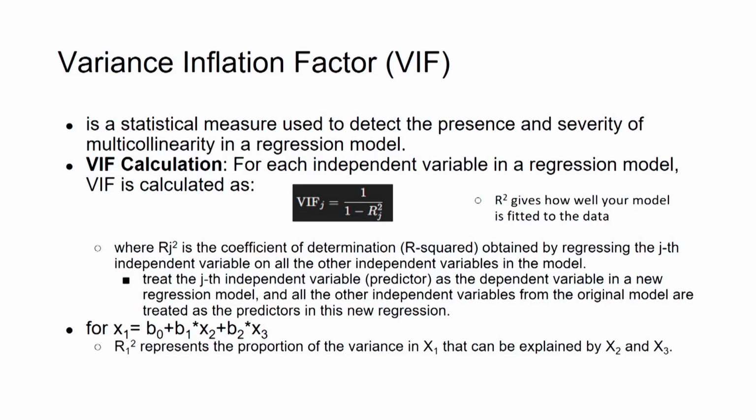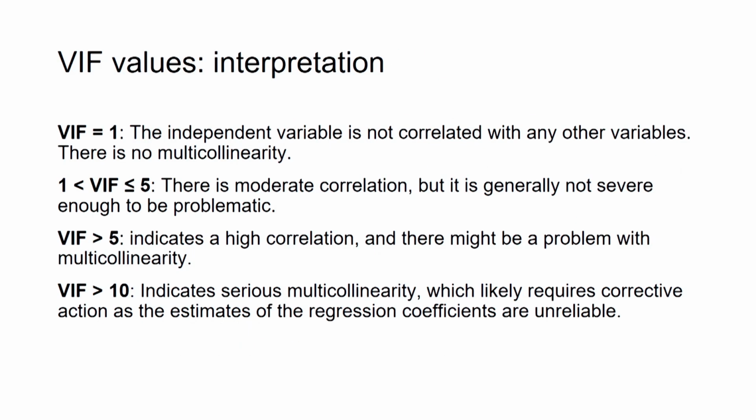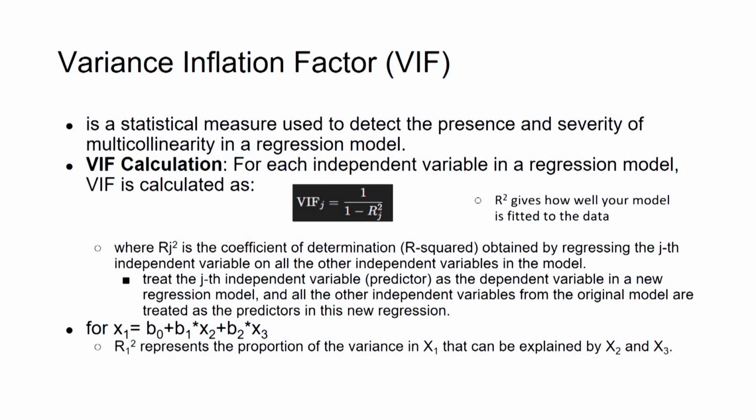When we put these values in 1 upon 1 minus Rj square, we can say that the VIF value will be 1 in the case where the independent variable is not correlated with any other variables, and in this case there is no multicollinearity. Why?